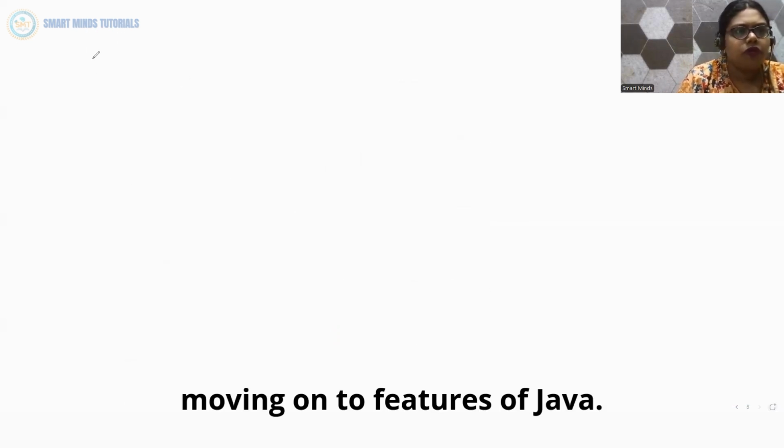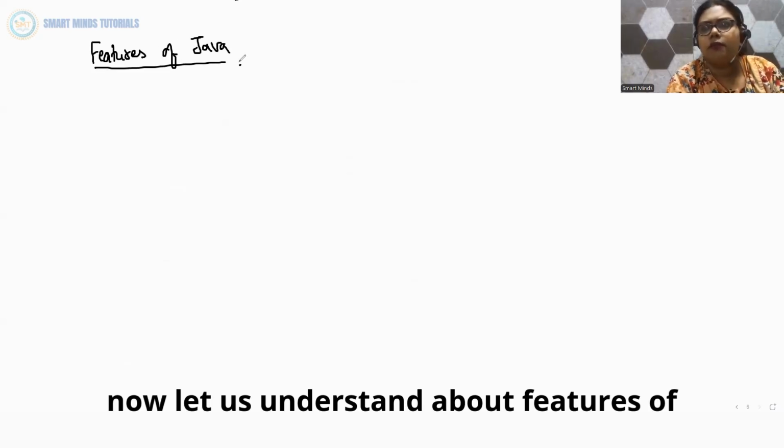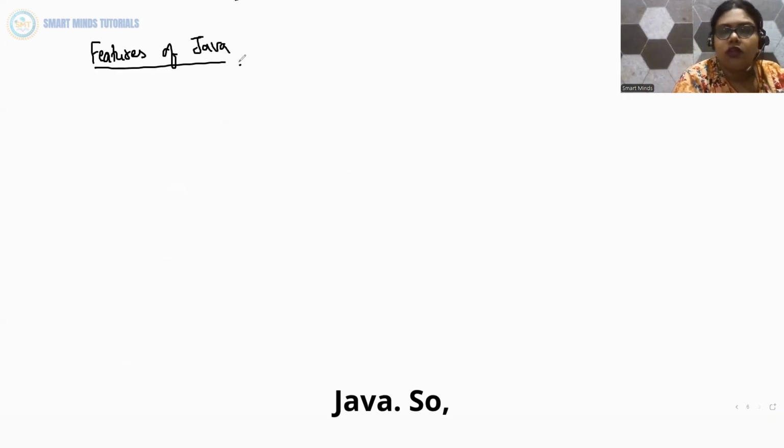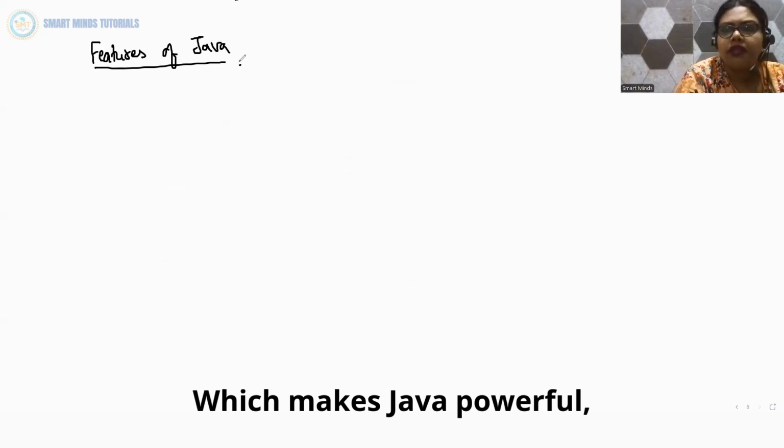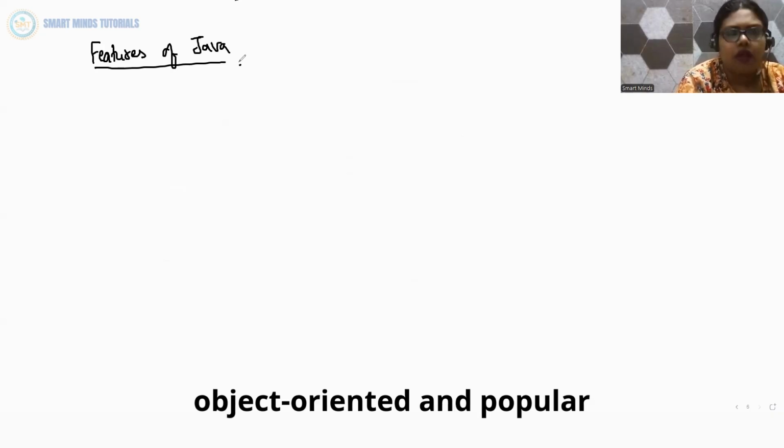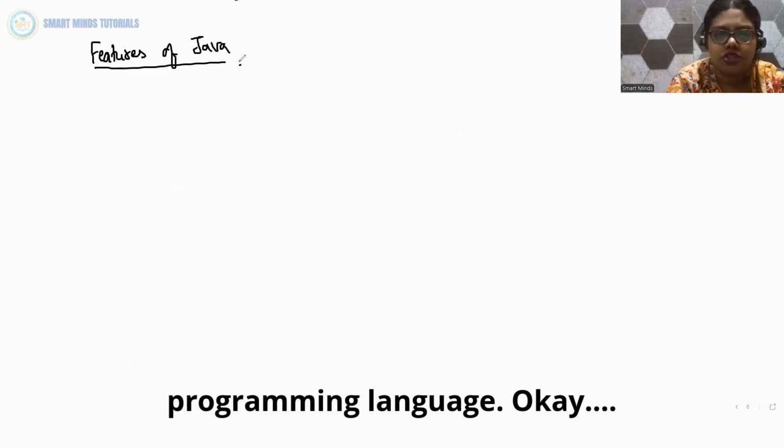Next, moving on to features of Java. Now let us understand about features of Java. Java possesses a few features which make Java a powerful, object-oriented, and popular programming language.